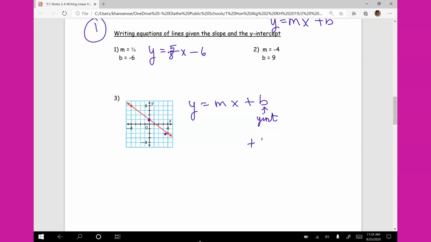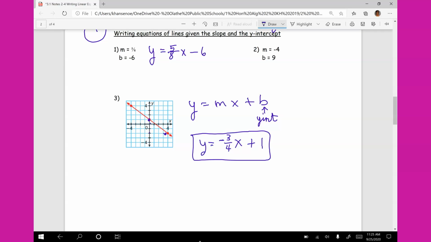At a positive 1. My slope is down and then to the right, so that means it has to be negative. So I'm down 1, 2, 3, to the right 1, 2, 3, 4. Down 3 to the right 4. And then that is the equation for that line.